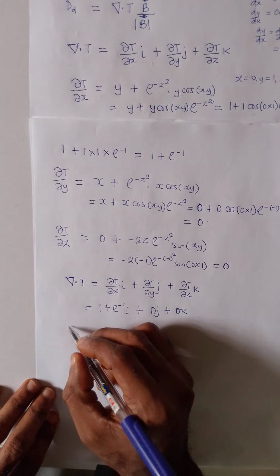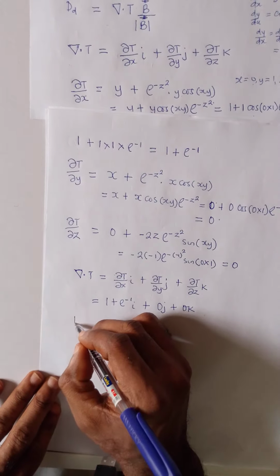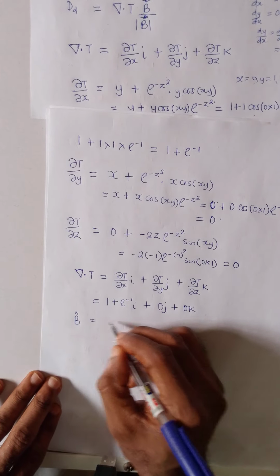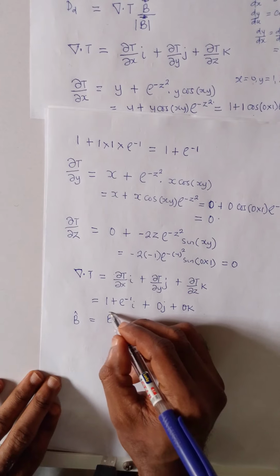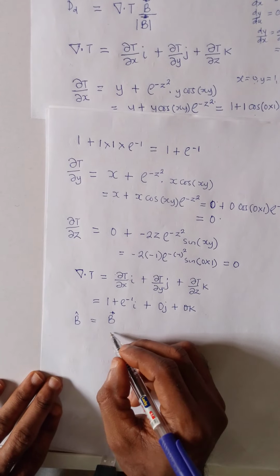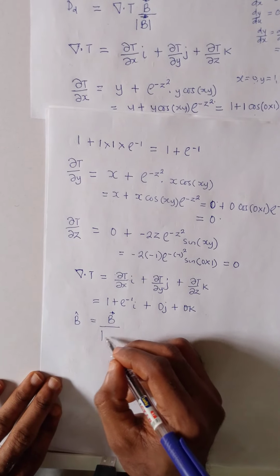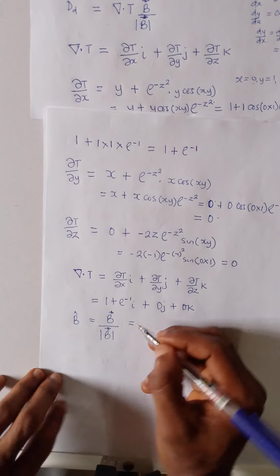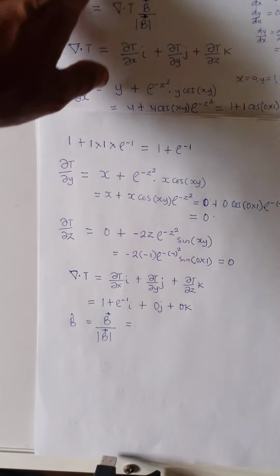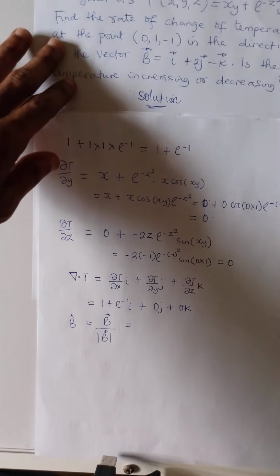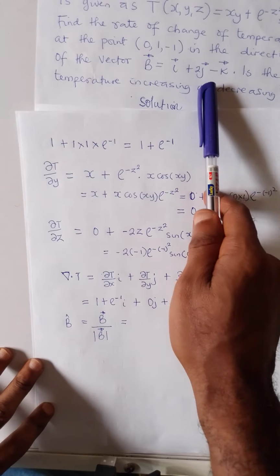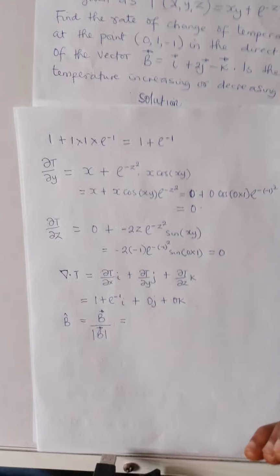So now we need to find the unit vector of B. The unit vector of B is equal to vector B all over the magnitude of B. Of course, we know that vector B from our question is i plus 2j minus k.